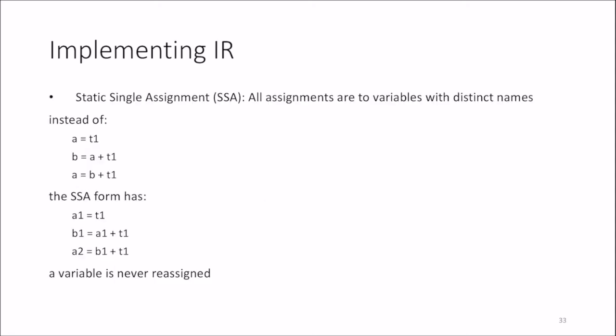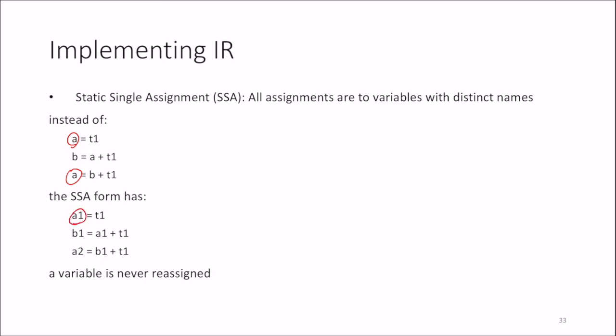Finally, we have static single assignment form, which is one of the more important intermediate representation formats. For one thing, LLVM uses it, but also it has various beneficial properties for both code generation and code optimization. The basic idea behind SSA, or static single assignment form, is that on the left-hand side, instead of a variable that can be used twice, the variables can only be assigned once.